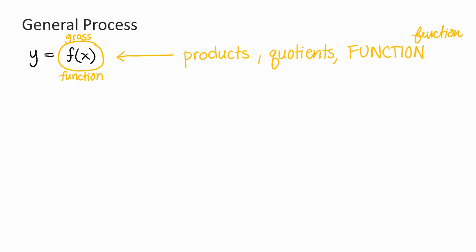And what we can do is take the natural log of both sides. So we have the natural log of y is equal to the natural log of our gross function.